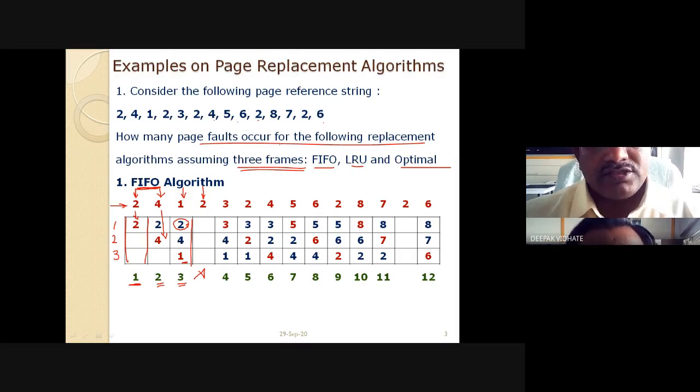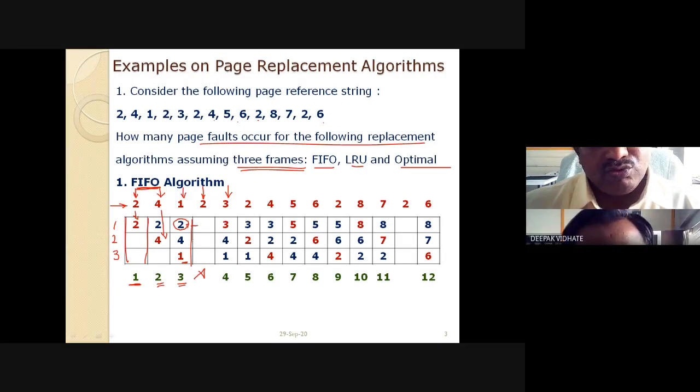Going to the next request, the reference is made to page number 3. Here 2, 4, 1 are present and 3 is not available, so you need to replace a page. Which page is to be replaced out of 2, 4, 1? The FIFO algorithm says that the page which has spent the maximum time, which came in first, is to be out first.